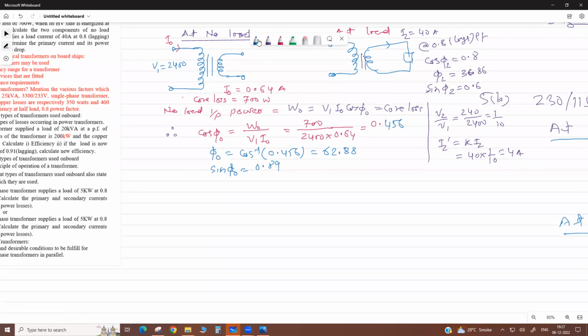Here, now, the two components of I naught: I naught sin phi naught and I naught cos phi naught. What are these values? Very simple.